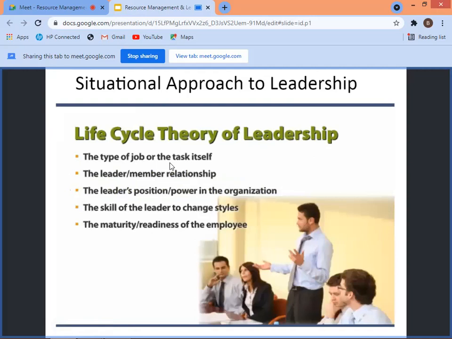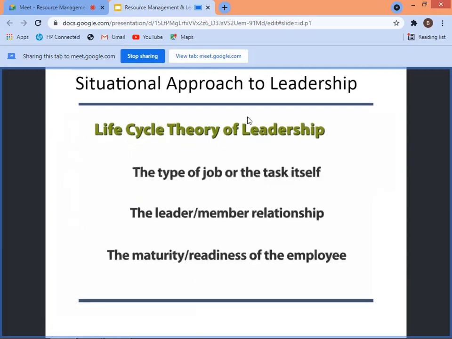The type of job or the task itself, these are all. The leader-member relationship, the leader's position, the skill of the leader to change style, the maturity and readiness of employees. These are the life cycle theory of leadership. I just repeat it for really absorbing it in our mind for retention purposes.